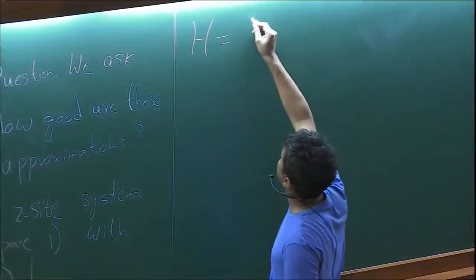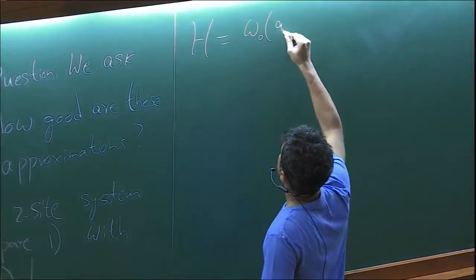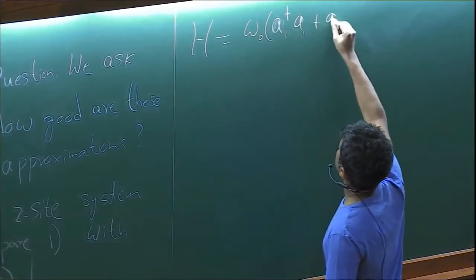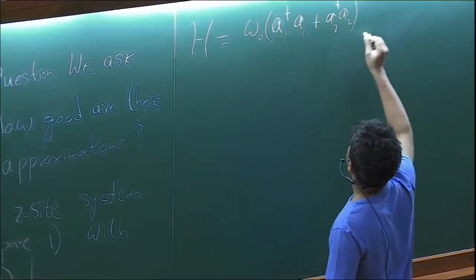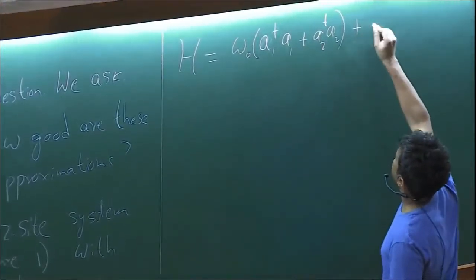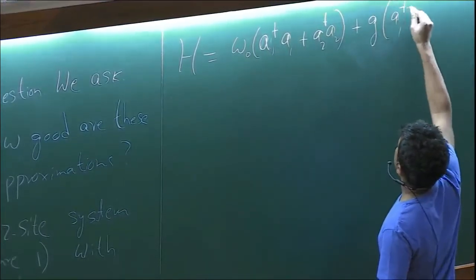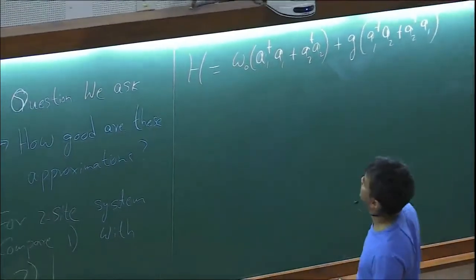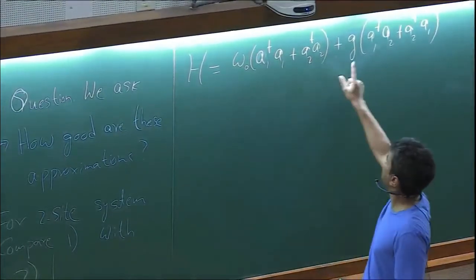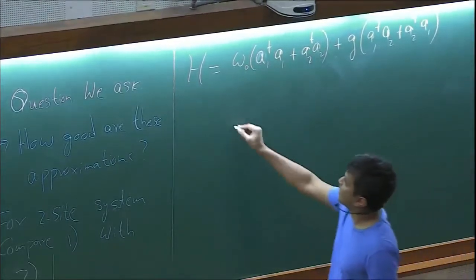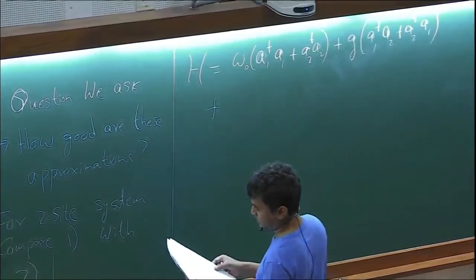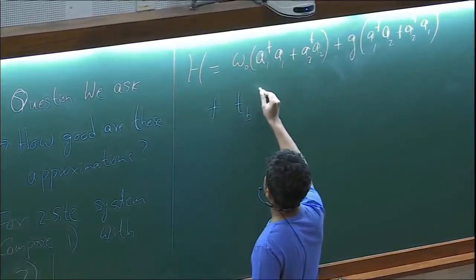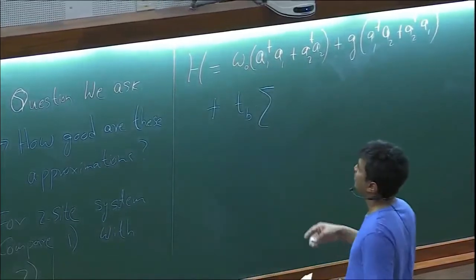So the system is there's some on-site energy and there's some coupling between the sites. And then I have the two baths. So the baths are just a one-dimensional chain of particles.